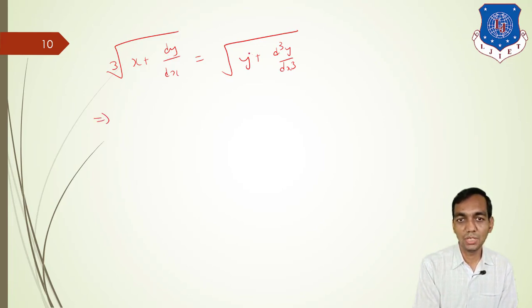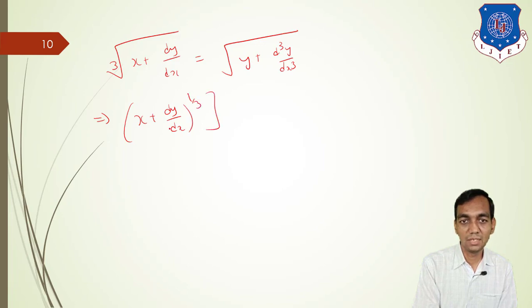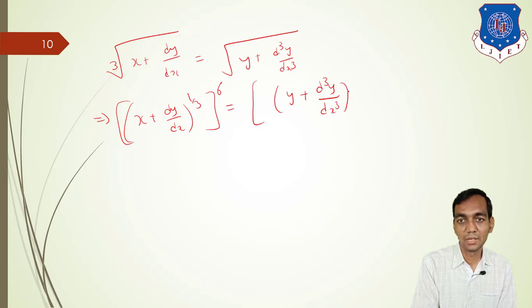First you have to take the cube and then you have to take the square, that means we are taking power 6 on both sides. Taking power 6 on both sides gives (x plus dy by dx) whole raised to 1 by 3 whole raised to 6. In the same manner here, (y plus d cube y by dx cube) raised to 1 by 2 whole raised to 6.